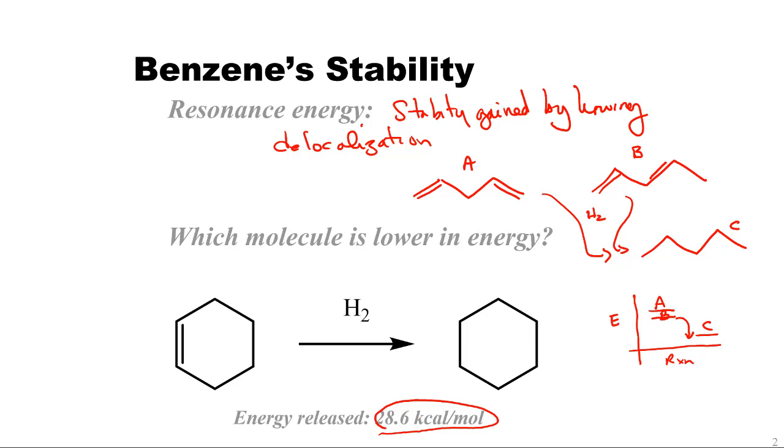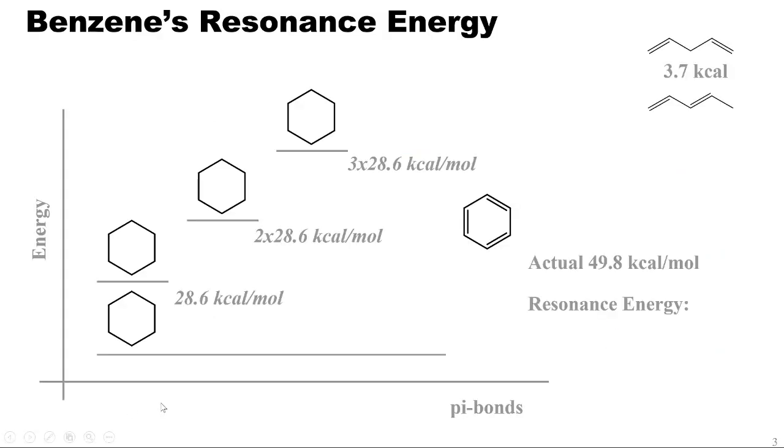Now, if we extend that idea to benzene, oh, and by the way, for the difference in energy of molecules A and B from the previous slide, we find that B is lower than A by about 3.7 kcals per mole of molecule. And the difference between these two has to do with the conjugation of these two bonds.